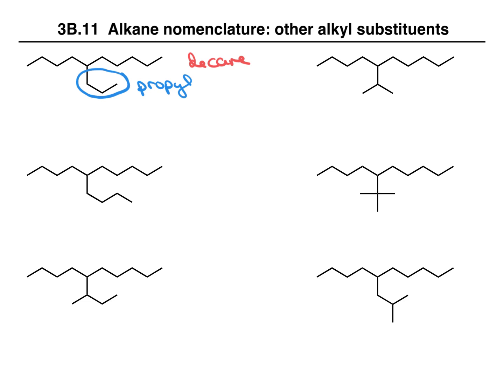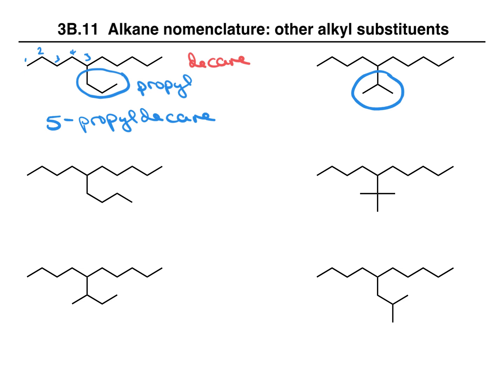So we would put this together as 5-propyl decane. Now over here, we actually have two options for how to name this substituent. We can use a combination of common name and IUPAC. Remember that iso is used when we have a methyl branch off of carbon 2.